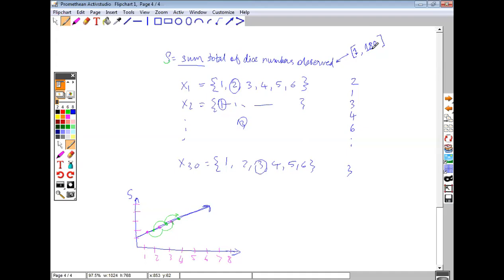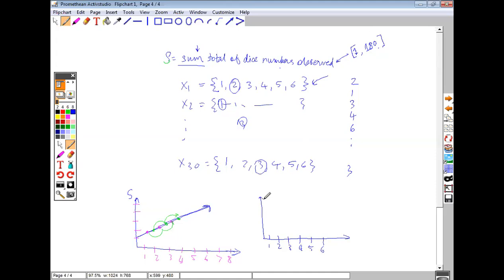Now, if you look at the actual event, it takes values from 1 to 6. But the variable that you are interested in is the sum of the total. So that takes values from 1 to 180 and its distribution keeps changing. So let us say now what I do is I plot the numbers here: 1, 2, 3, 4, 5, and 6.